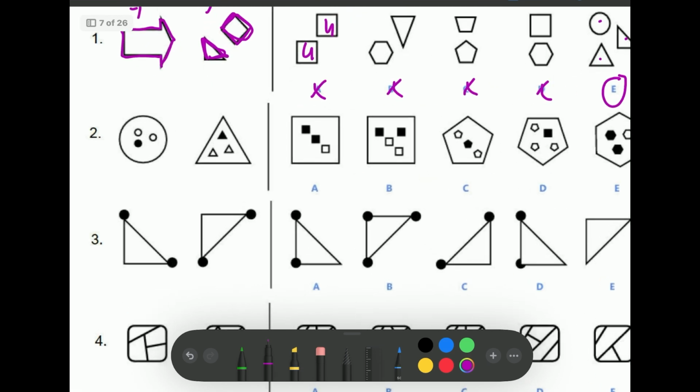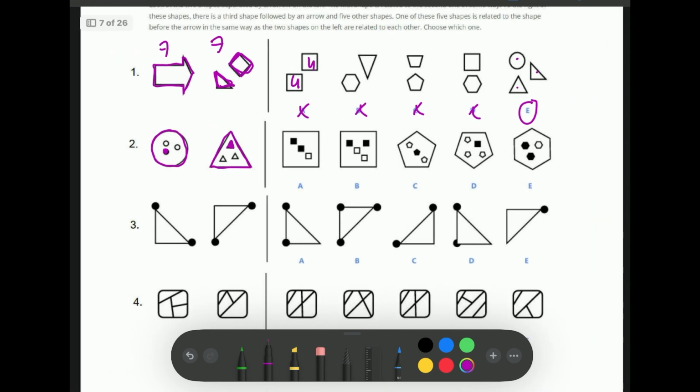Next, we've got two bigger shapes and inside. So here we have a big circle and inside we've got 3 smaller circles and 1 is black. Here we've got a triangle. Inside we've got 3 smaller triangles and 1 is black. So the answer is not A because we've got 2 black smaller squares. Not B because we've got 2 black and we've got 4 in total.